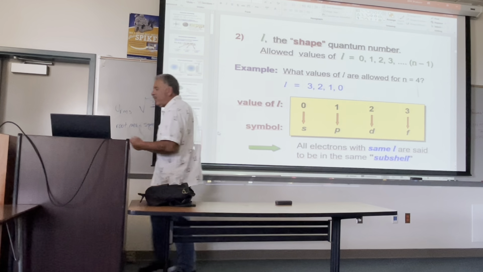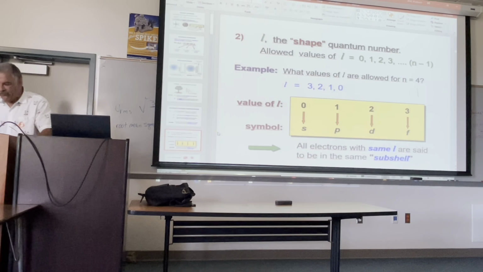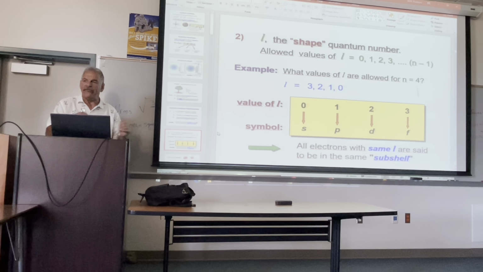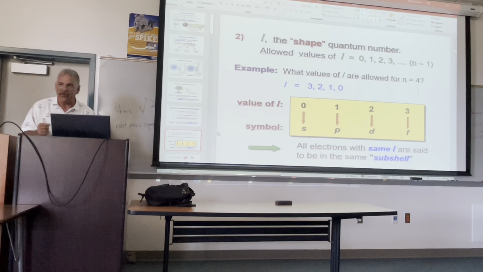And as that increases, the orientations also increase. So electrons with the same L are said to be in the same subshell. Now you'll hear people throw shell and subshell around in all kinds of different ways and make huge distinctions, but generally once you get familiar with the shapes, you know that the shapes are subshells.